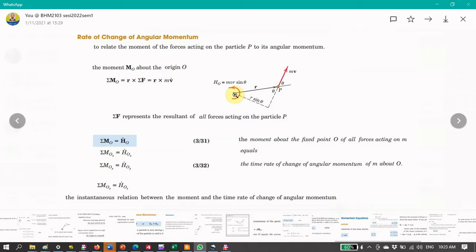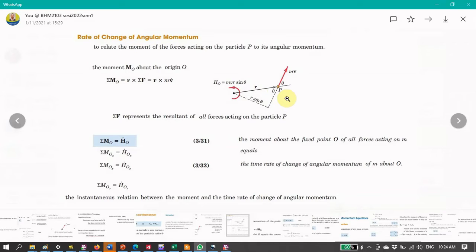And the moment of forces acting on the particle about the origin, given by the summation of all moments about the origin, is equal to the cross product of the position vector with the summation of all force vectors there.